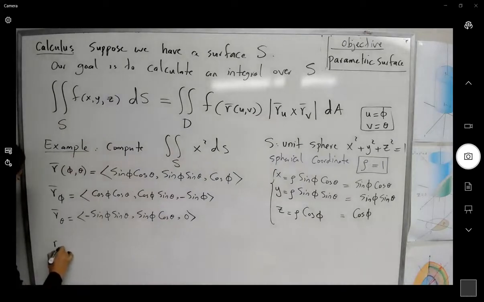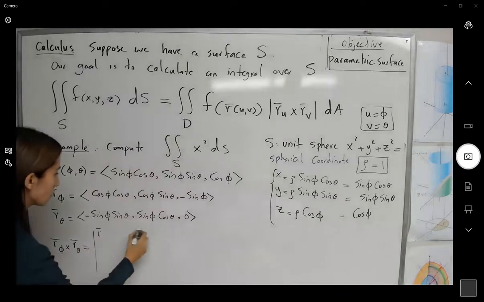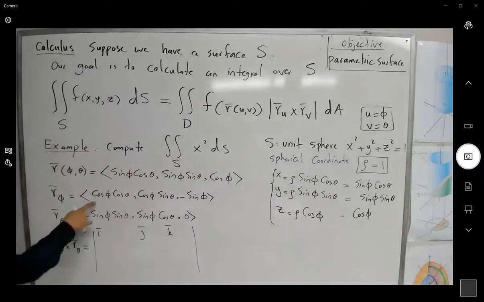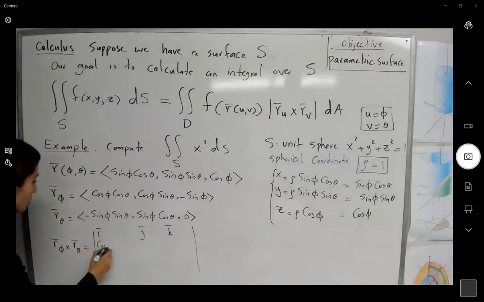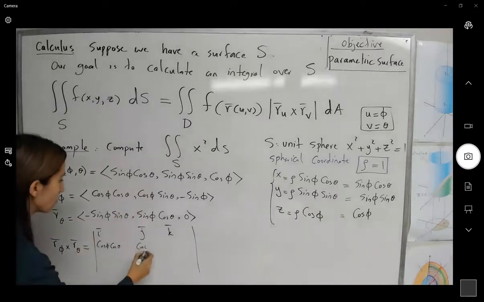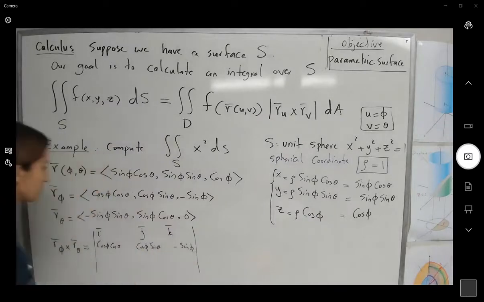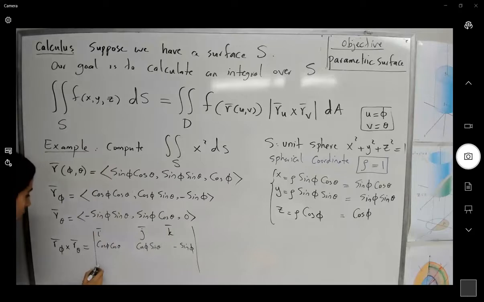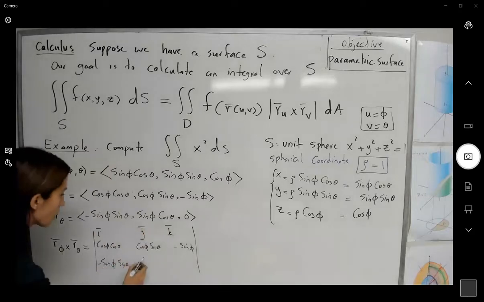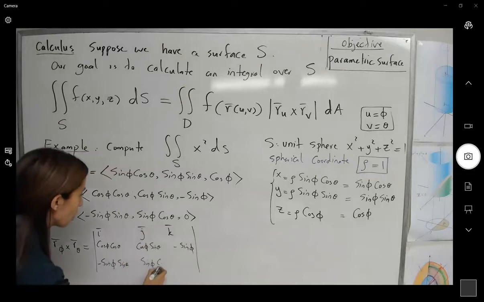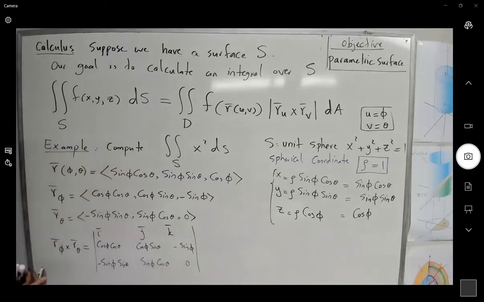Okay, r_phi cross r_theta. i, j, and k. The first row is cosine phi cosine theta, cosine phi sine theta, negative sine phi, and the last row is negative sine phi sine theta, sine phi cosine theta, and 0.